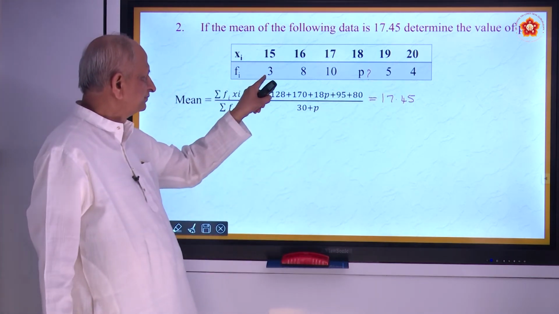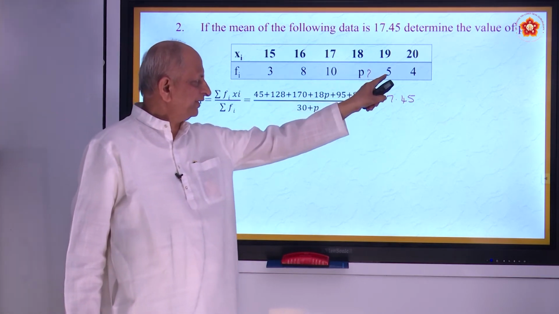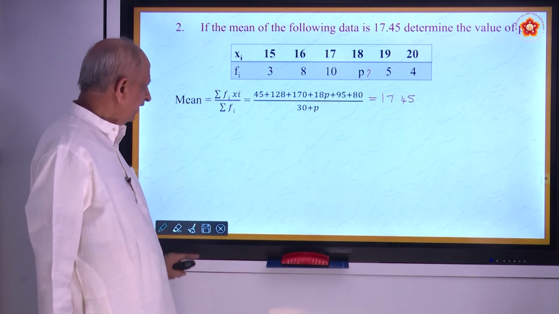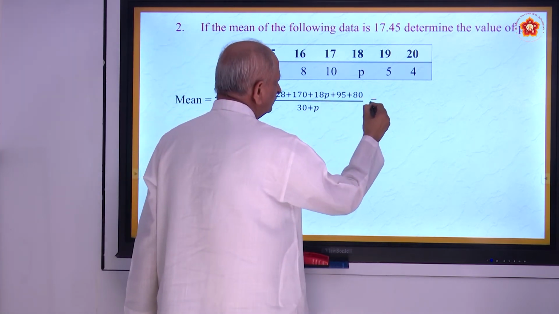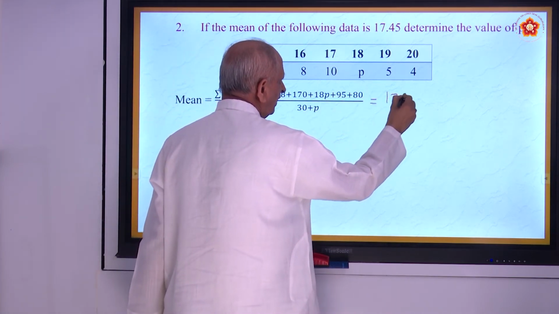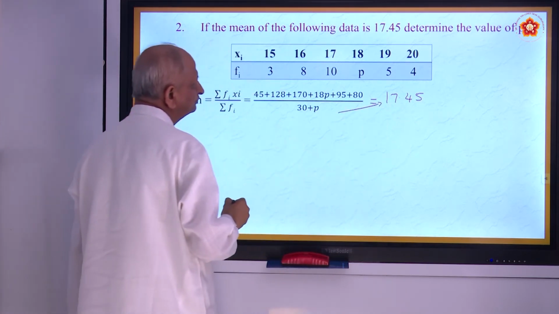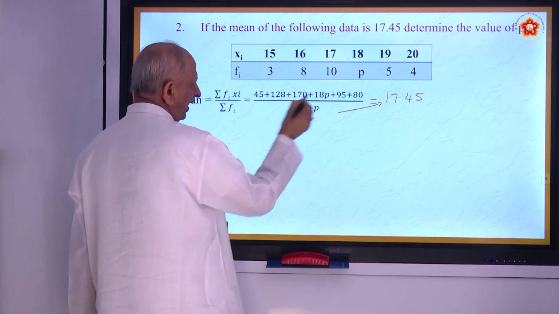And add this. So that P you have to find out, that is equal to 17.45. So bring this up and you will get it as, add all this.